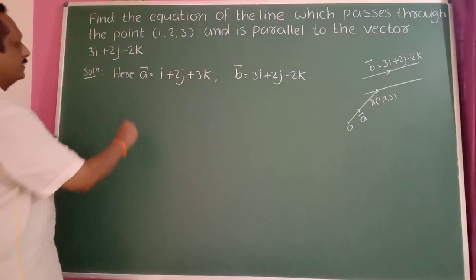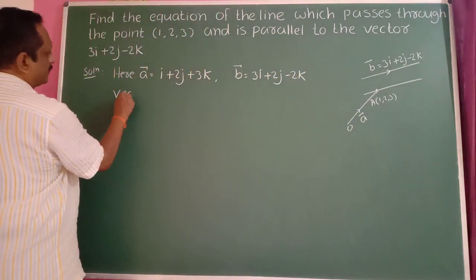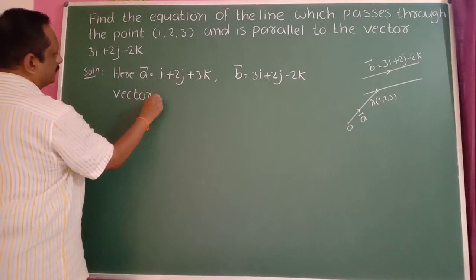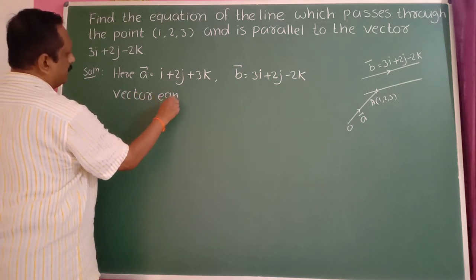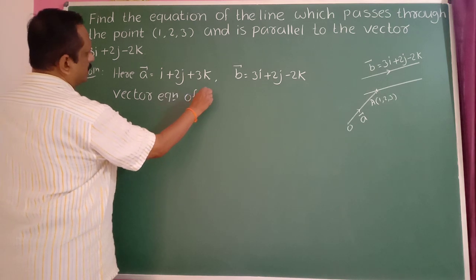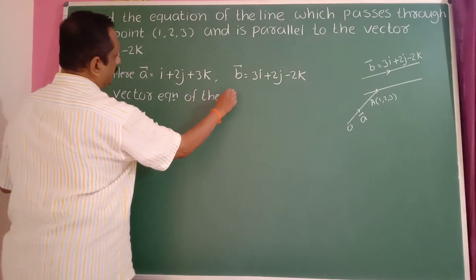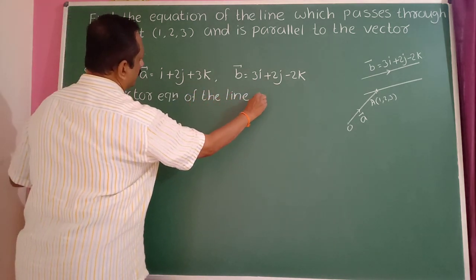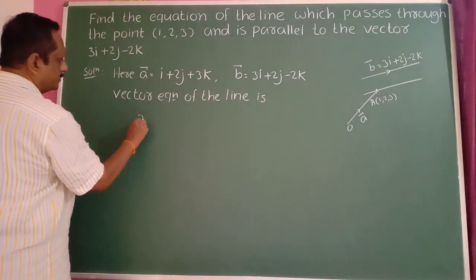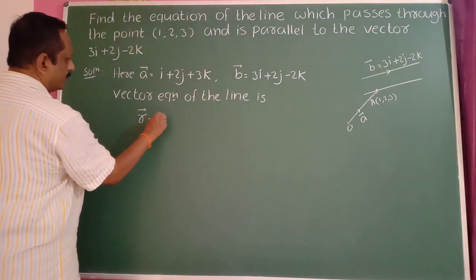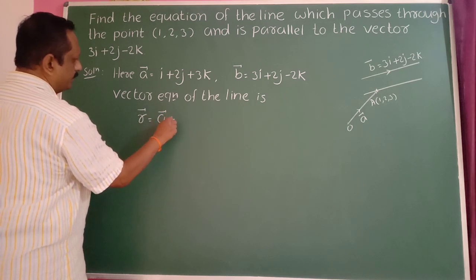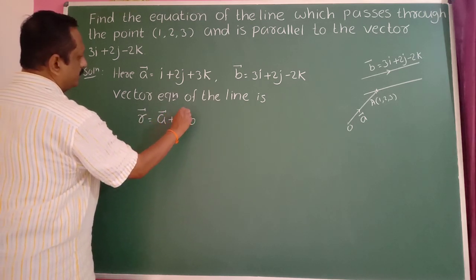Therefore, the vector equation of the line is r bar is equal to a bar plus lambda into the vector b bar.